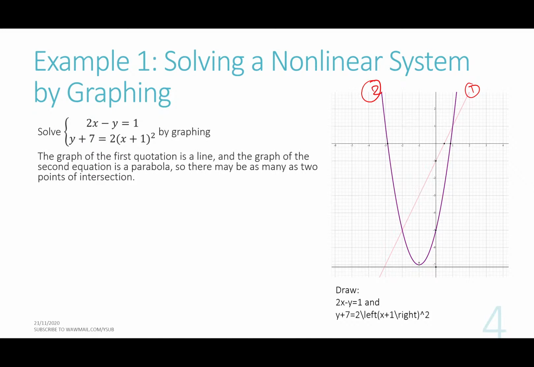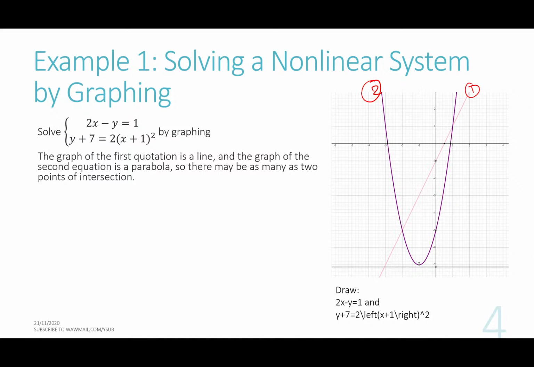If you see that y plus 7 equals 2(x plus 1) squared, now if you subtract 7 from here and subtract 7 from here, y would equal 2(x plus 1) squared minus 7. And this is how we get this one.